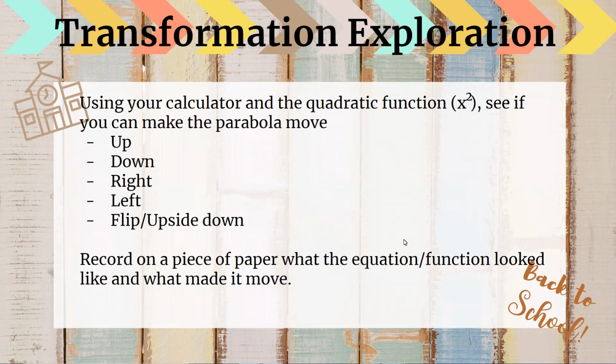What can you do to make it move? That's what we're going to be working on. So take 5 minutes, pause the video, and see if you can make that x squared function move up, down, to the right, to the left, or flip it upside down.